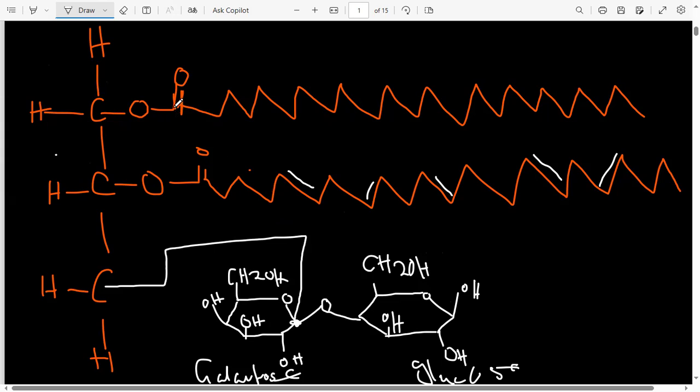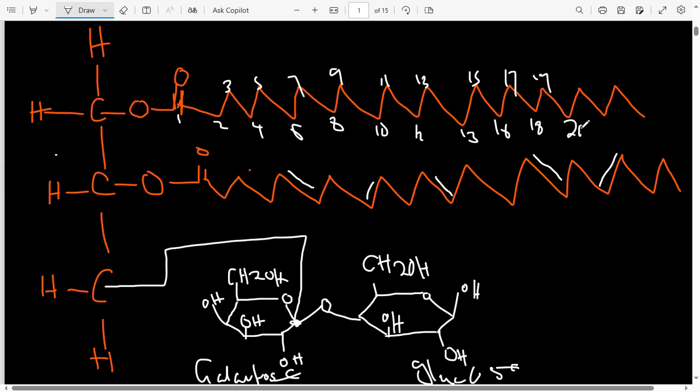Okay, so in the question they stated that we should number these carbons. So for the fatty acid, this is just 1, 2, 3, 4, 5, 6, 7, 8, 9, 10, 11, 12, 13, we have 14 here, 15, 16, 17, 18, 19, 20, 21, 22, 23, and then 24.